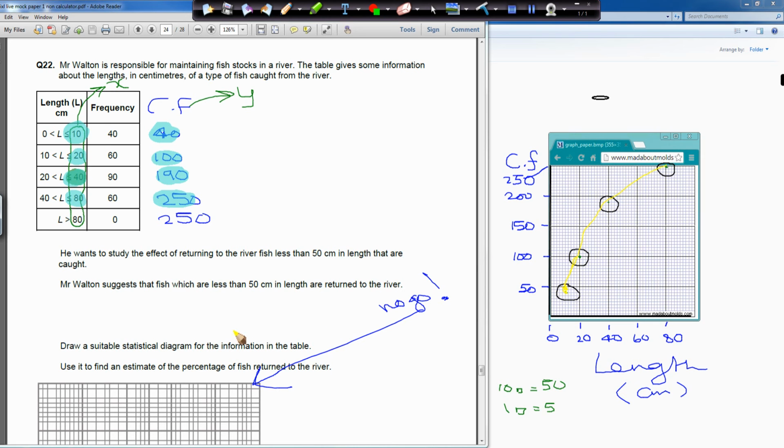So the question says here, Mr. Walter suggests that the fish which are less than 50 centimeters in length are returned to the river. Less than 50, so let's have a look. Right, okay. So we go for a line, and we're going to go for a green line. We're looking for 50, and we're going to go up to the graph and go across.